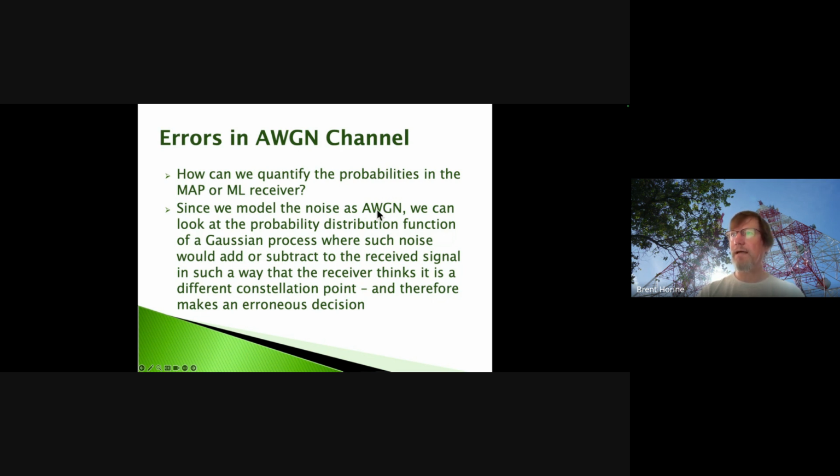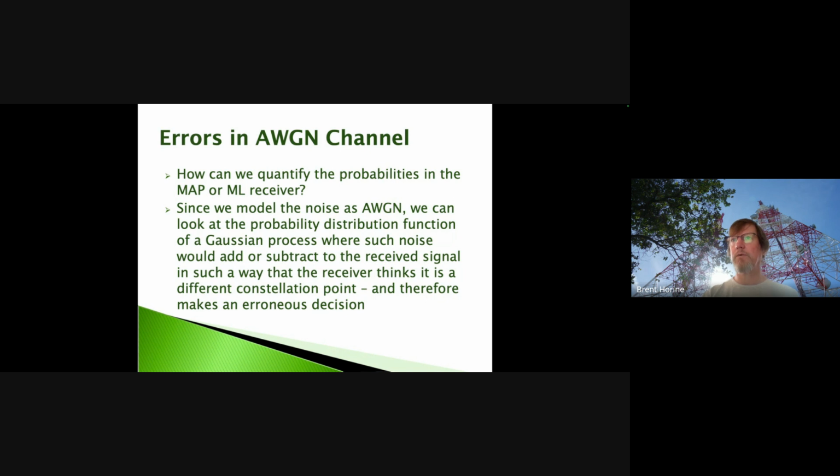We don't really say that in here, but remember that zero mean. So sometimes we might get a little positive voltage, sometimes a little negative voltage or current or whatever, right? And that moves around that received R value to the point where the receiver might think it maps to a different constellation point and therefore makes an erroneous decision. M hat, M caret does not equal M, right? So that would be an error.